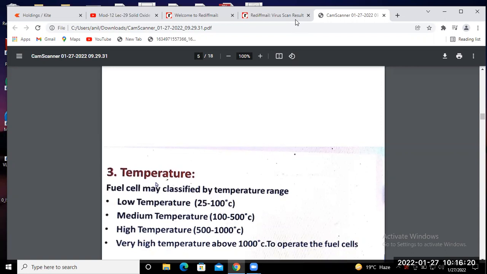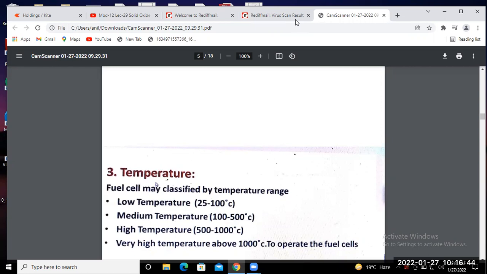If any cell operates at, suppose, 35 degrees Celsius, 65 degrees Celsius, or 95 degrees Celsius, these fall under the category of low temperature.